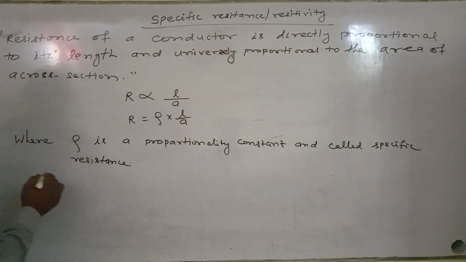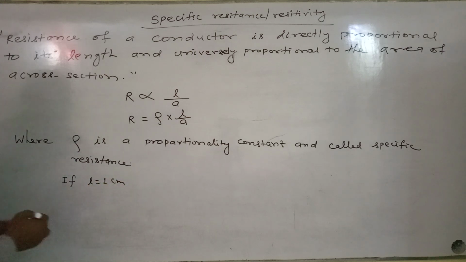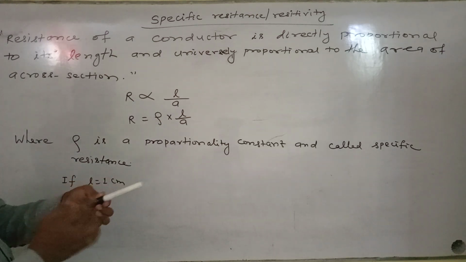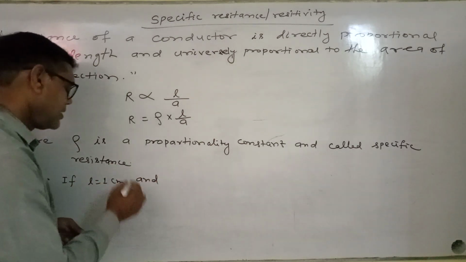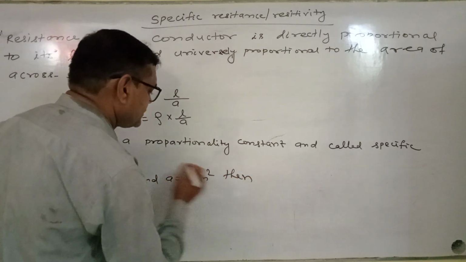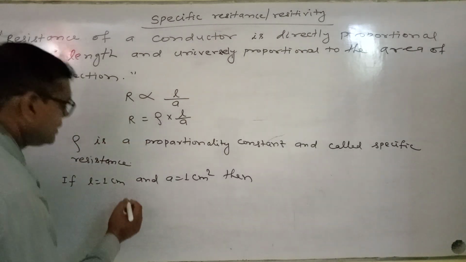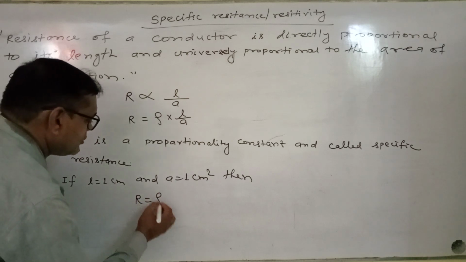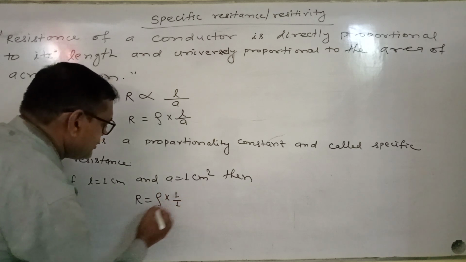Now here we write: if L is equal to 1 cm, the length of the conductor is 1 cm, and A is equal to 1 cm square, then the equation will be R is equal to rho into 1 upon 1.